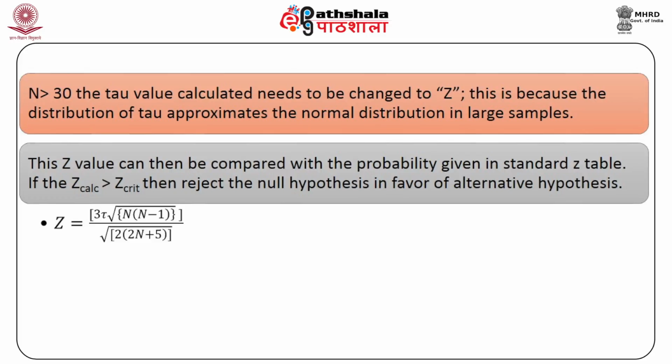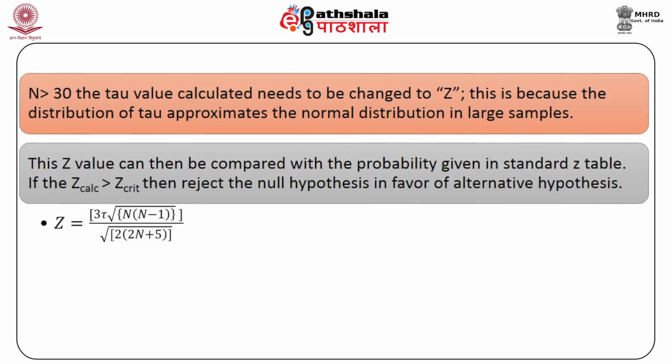This is because the distribution of tau approximates the normal distribution in large samples. This Z value can then be compared with the probability given in the standard Z table. If the Z calculated is greater than Z critical, then reject the null hypothesis in favor of the alternative hypothesis.